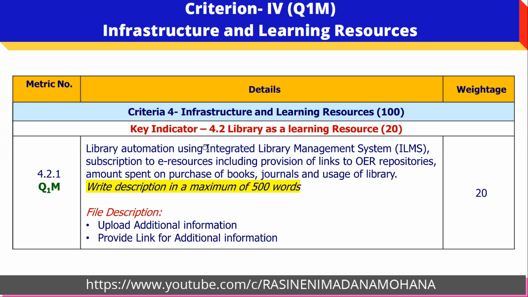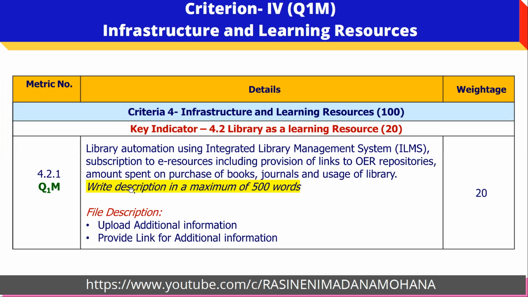For all these facilities, you have to provide the write-up related to library automation, e-resources, budget spent on books and journals, and usage of library all together. You have to give the write-up with a maximum of 500 words, which carries 20 weightage.